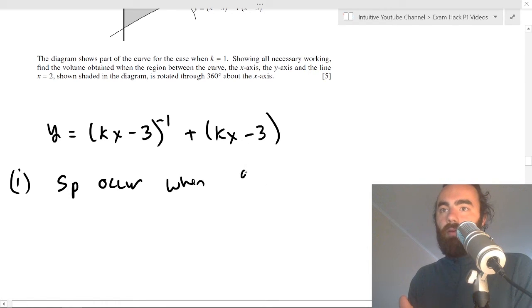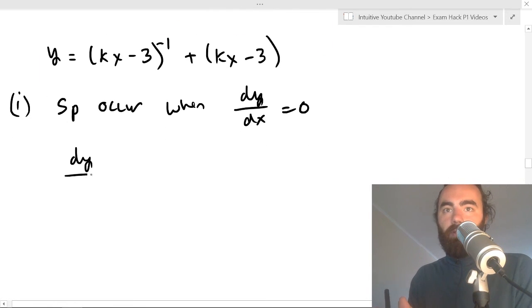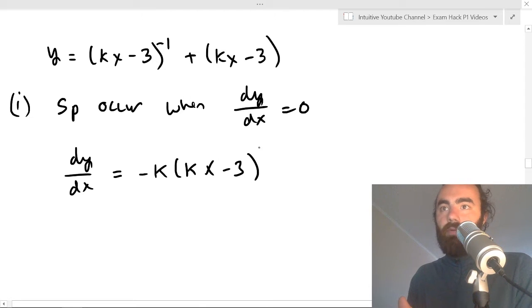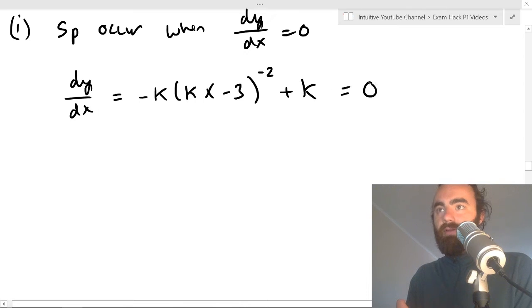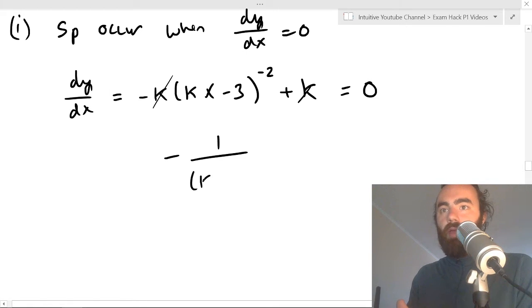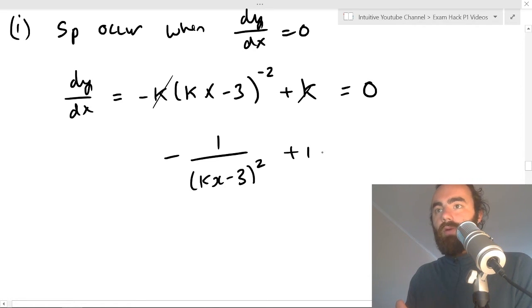But we know that stationary points occur when dy by dx equals 0. So our dy by dx will be minus k, kx minus 3 to the negative 2, plus k. Where does that equal 0? Well, we can divide through by k and we get minus 1 over kx minus 3 squared plus 1 equals 0.